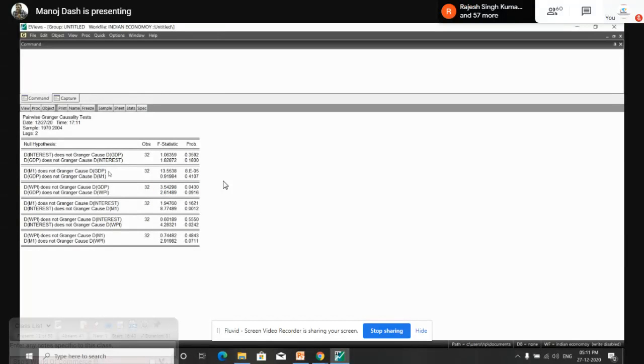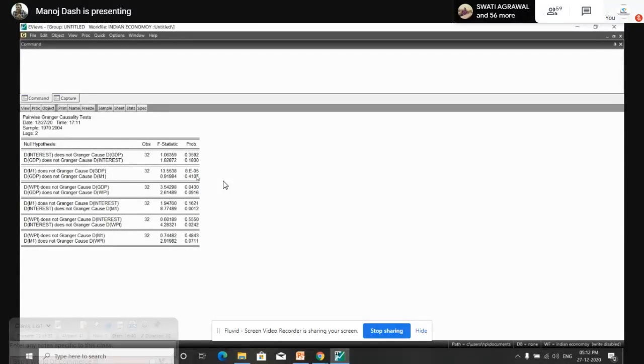One conclusion is drawn. What is the second one? This again is less than 0.05, so interest rate causes GDP. Clear? This is rejected. It means interest rate causes money supply. Clear? Yes. Then interest rate causes WPI. Clear? And money supply causes WPI, which is at 10%.